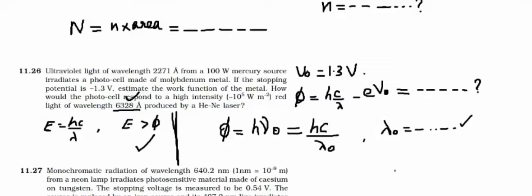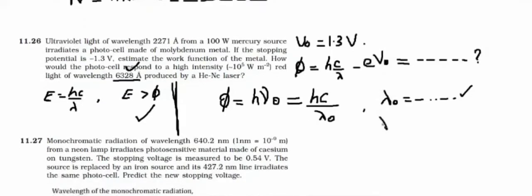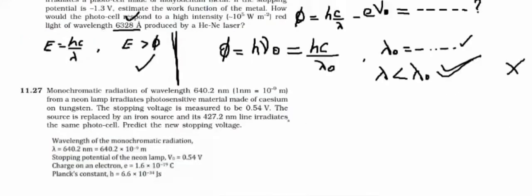I repeat, wavelength should be less than threshold wavelength. If the given wavelength is less than threshold wavelength, then you will get emission, otherwise not. You can follow either the first method or the second method and find the answer.